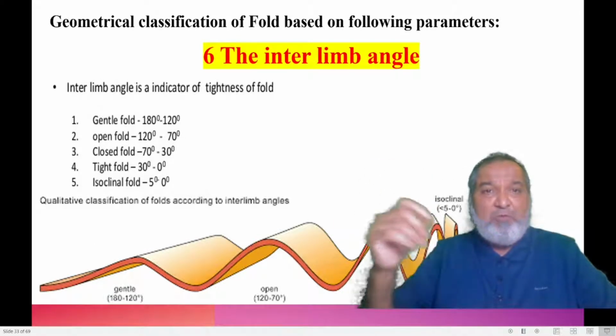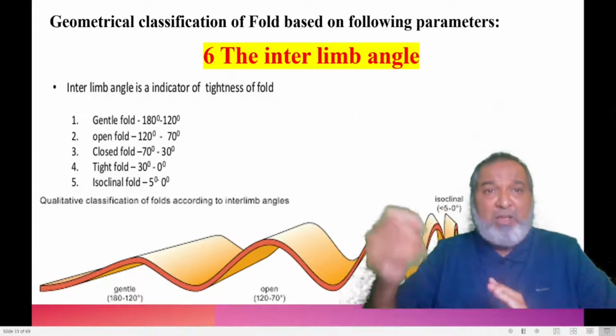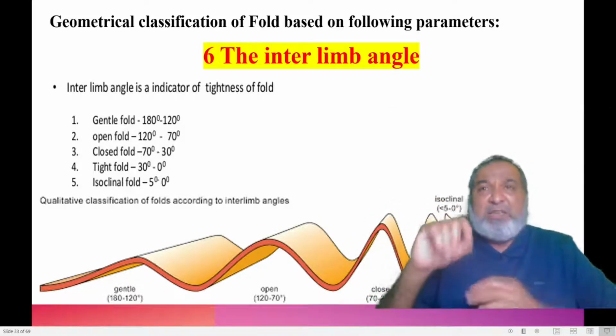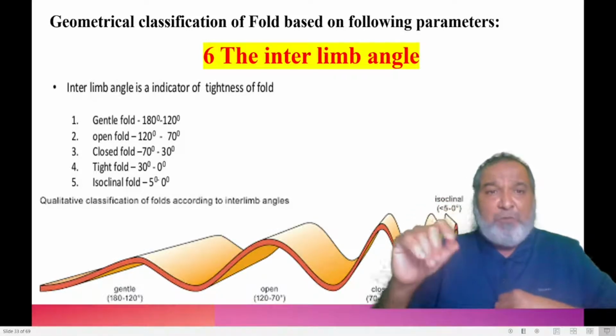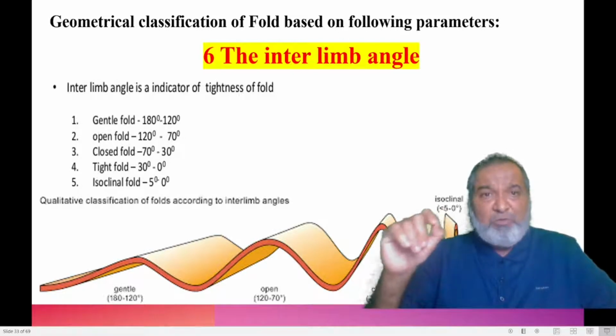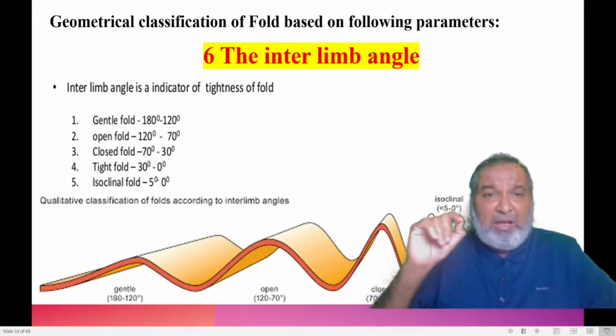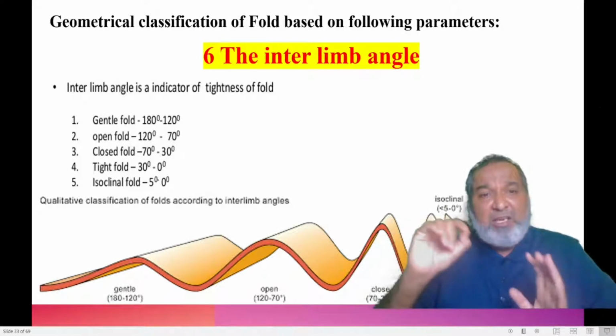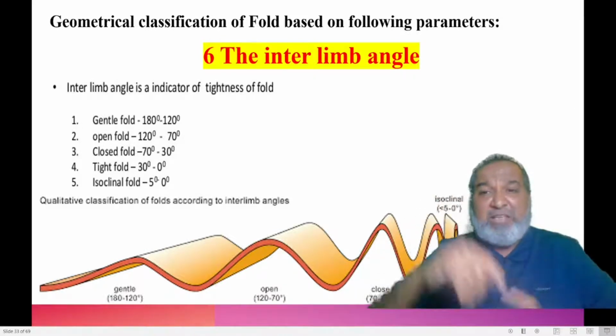So 180 to 120, gentle fold. Then 120 to 70 degrees, it is called an open fold. 70 to 30 degrees, close fold, and 30 degrees to 0 degrees, it is a tight fold. And within that, 0 to 5 degrees is isoclinal.